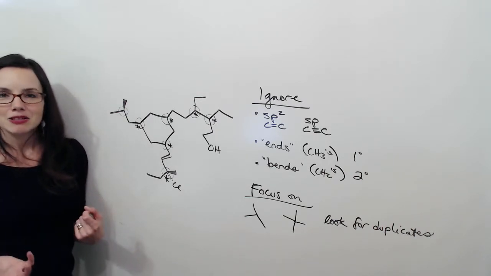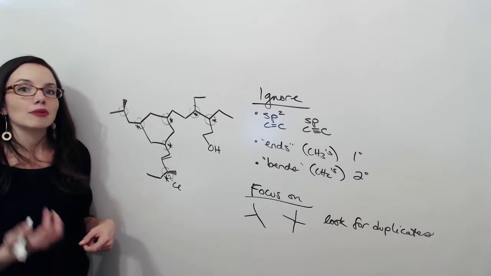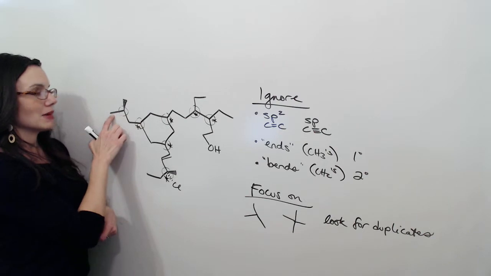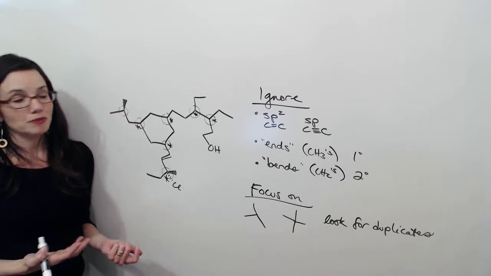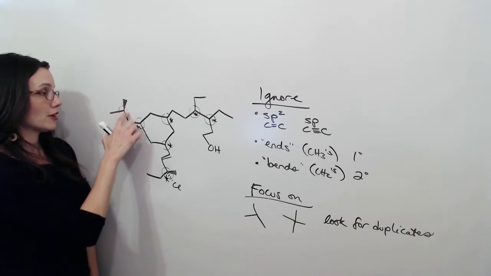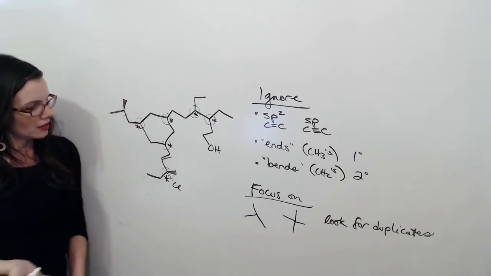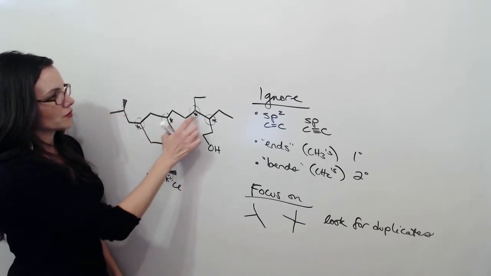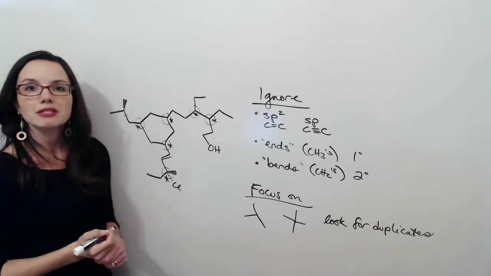But just because it has a wedge or a dash on it doesn't mean it's chiral. You always have to check for duplicates. And in this case, that's a methyl and that's a methyl. Those are duplicate groups. So this is not a chiral carbon. So this molecule has a total of 1, 2, 3, 4, 5, 6 chiral carbons.